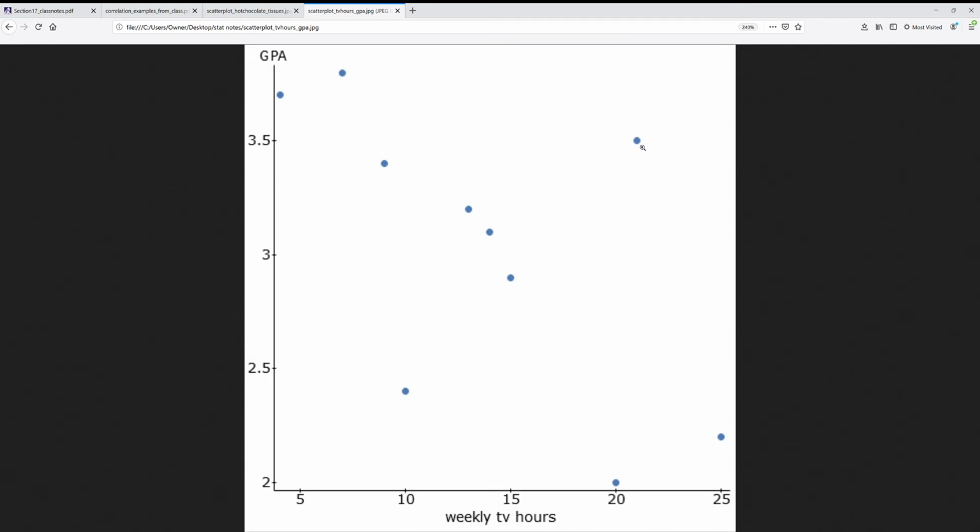So how can we quantify that? Let's say height of dot minus height of line. Well, if that's the way you do things, then of course this is going to be a positive number. On the other hand, height of dot minus height of line, this is going to be a negative number. So you can see that we're going to get some cancellations going on here.